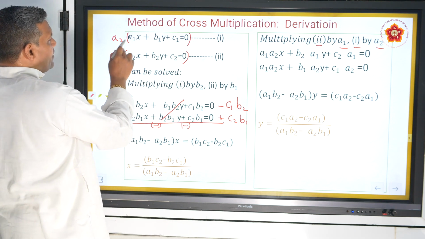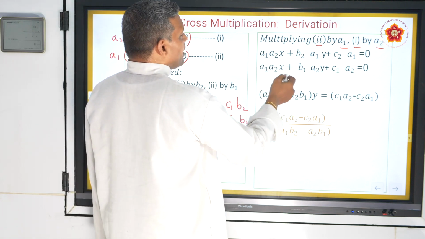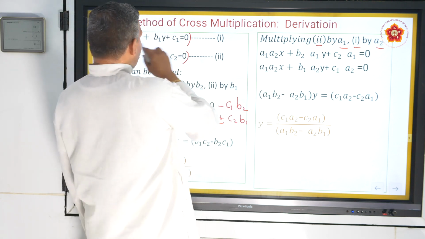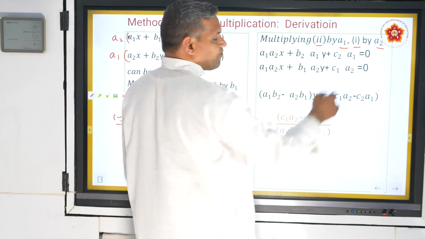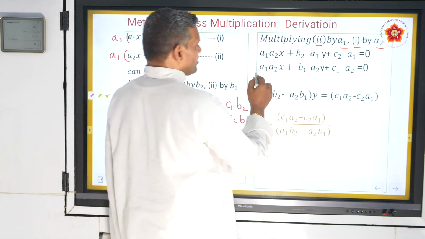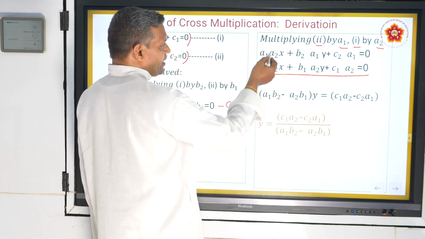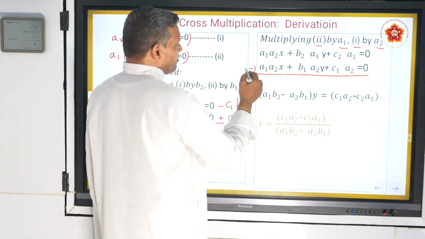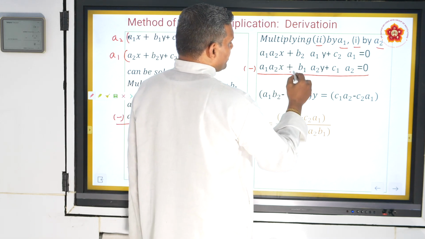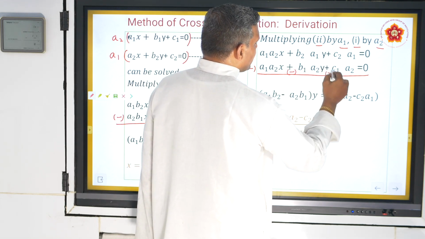Then what I'll get? a1 a2x here, also a1 a2x, and the remaining numbers as they multiplied. My focus is only on this particular first term's elimination. What do I do? I have to subtract, obviously I cannot add them. This symbol will become negative, this also will become negative, and obviously this also will become negative.